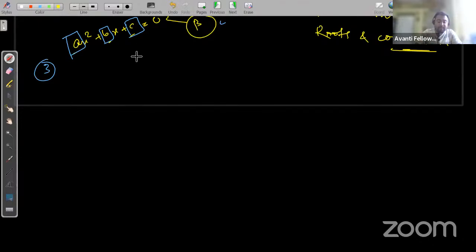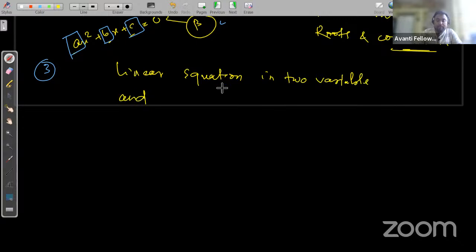Linear equations in two variables and how to find the determinants.